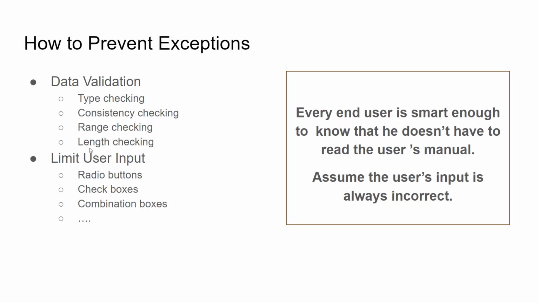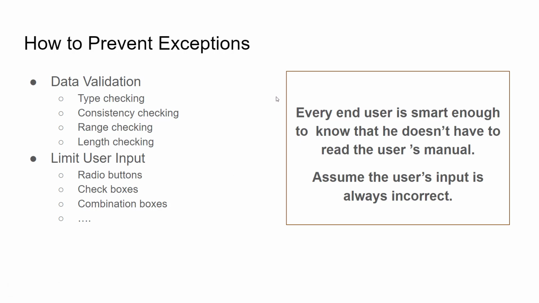And for length checking, you can easily give an example like social security number or phone number, where we often use length checking. The other way is you can limit user input with radio buttons. With these input options, they limit the user's input.